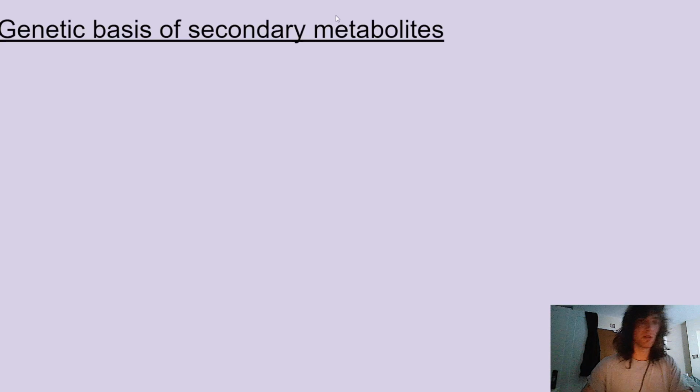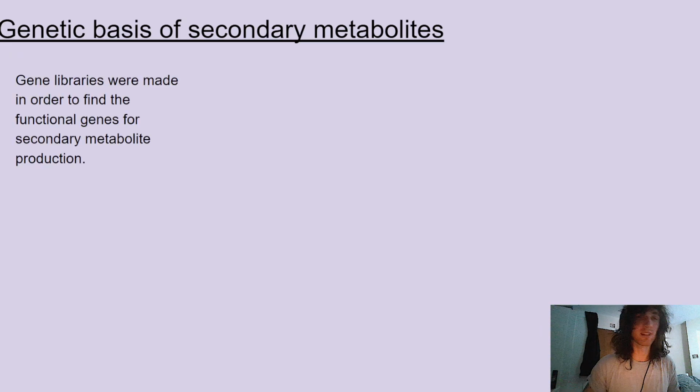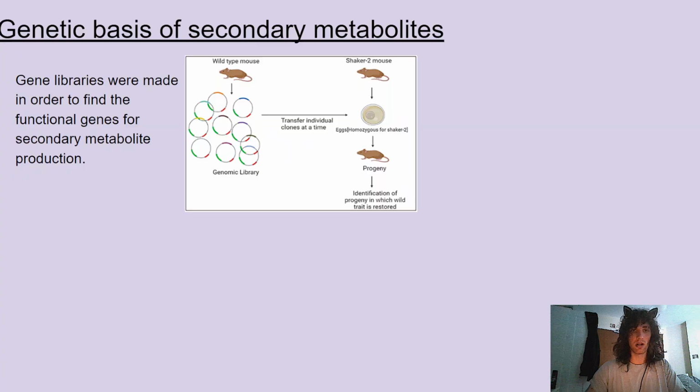Cool. So what is the genetic basis of these secondary metabolites, and how did we actually find this? Well, not we, but people much smarter than me. So gene libraries were made in order to find the functional genes for secondary metabolite production. What does this mean?